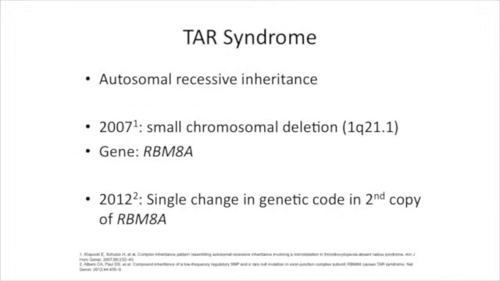So TAR syndrome is an autosomal recessive condition, and we knew that there was a particular chromosome deletion on chromosome 1 that involved a gene known as RBM8A. We've known about that since 2007, but we didn't really know why some people with that deletion had TAR syndrome and other people didn't.